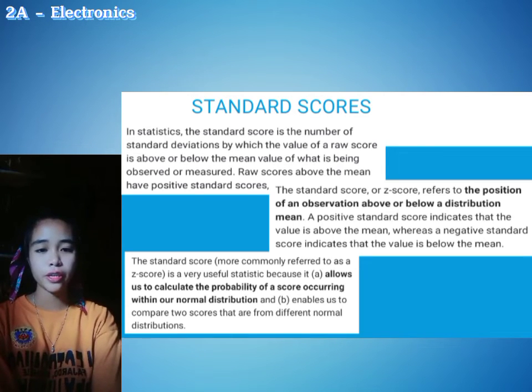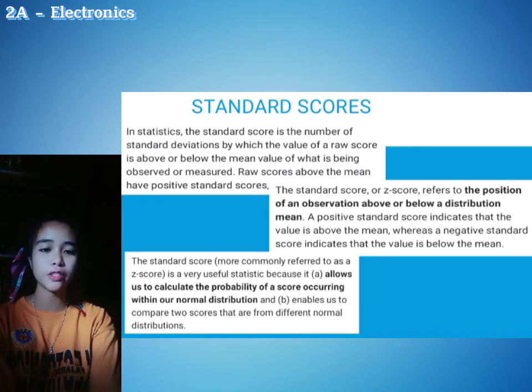Standard score. In statistics, the standard score is the number of standard deviations by which the value of a raw score is above or below the mean value of what is being observed or measured. Raw scores above the mean have positive standard scores.